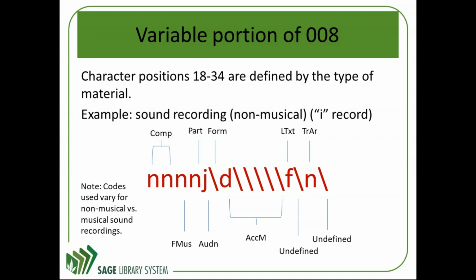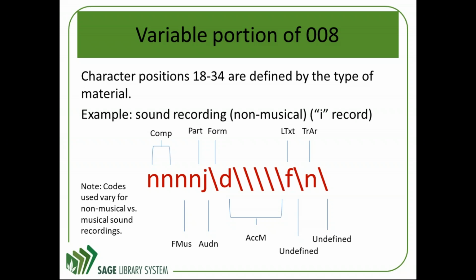So again, we come back to the target audience, juvenile, then form, and then this next set varies as well. That's character positions 24 through 29, which is accompanying matter. Now this looks a little different from if we just had a standard audio book.